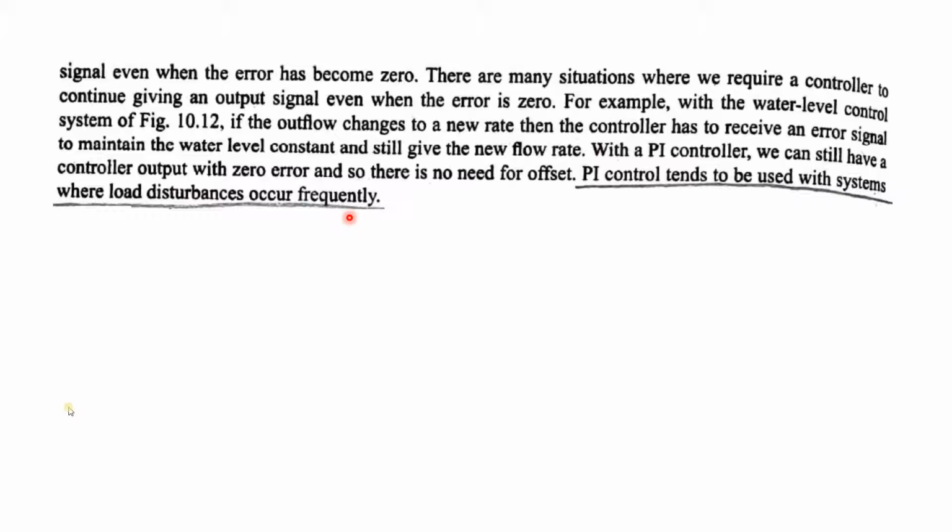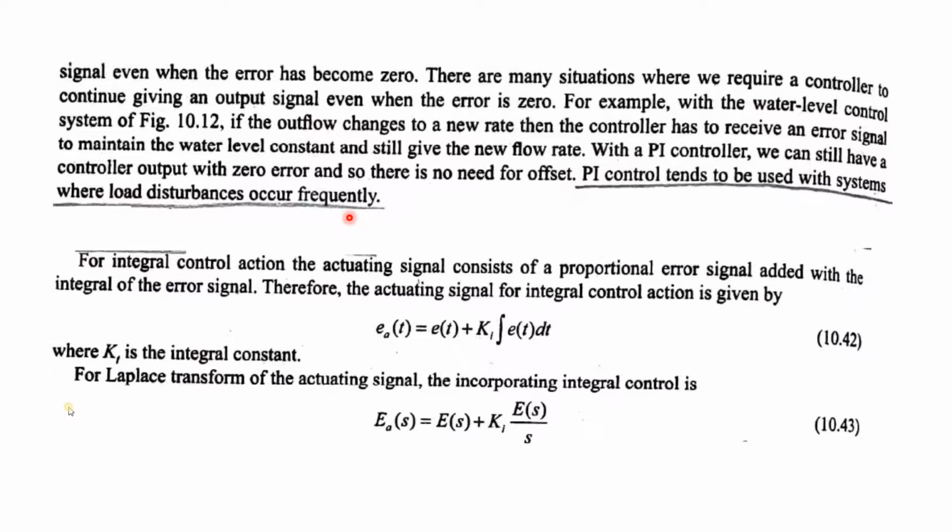It takes more time to respond compared to PD controller. But when it responds, it can handle a huge amount of load disturbance very smoothly, with zero offset, zero steady state error. That is why it is used for cases where load disturbance occurs frequently.